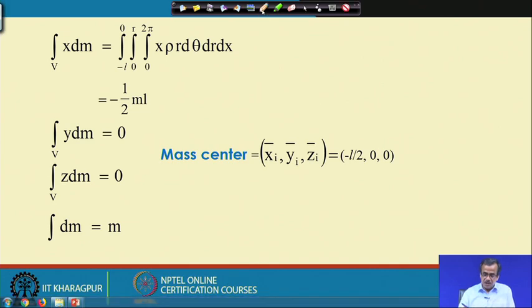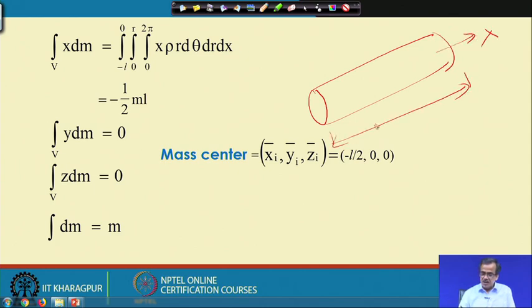Like if I draw this particular circular cross section robotic link, my x direction is along this direction and the total length is L. So, its mass center will be here, whose coordinate is nothing but (−L/2, 0, 0). This is the coordinate of the mass center.